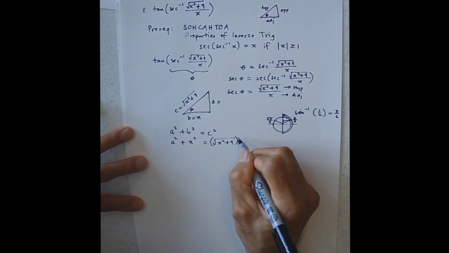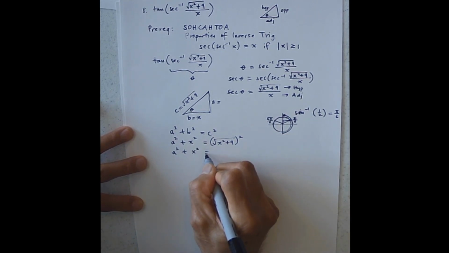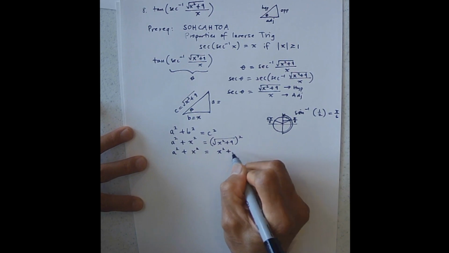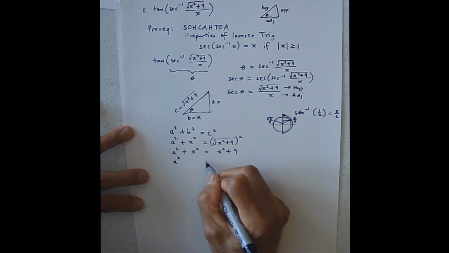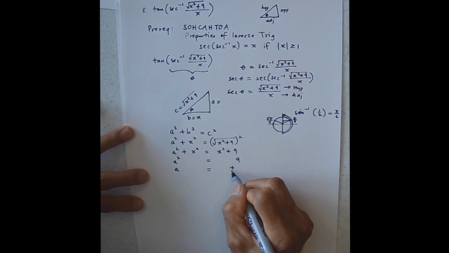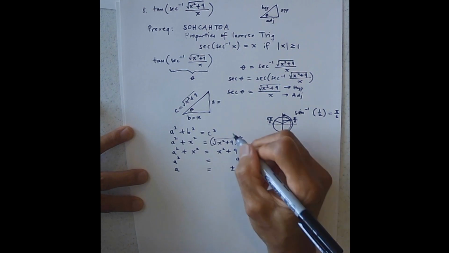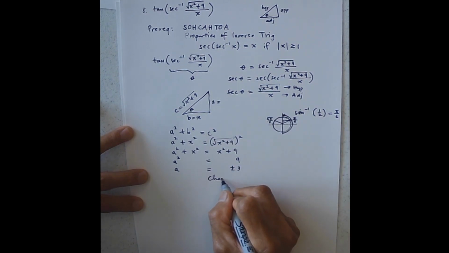When we do that, the square root sign will go away, and we get simply x squared plus 9. And because x squared appears on both sides, that simply is equal to 9. And so a is equal to plus or minus 3. But because a is the side of a triangle, then we choose the positive 3.